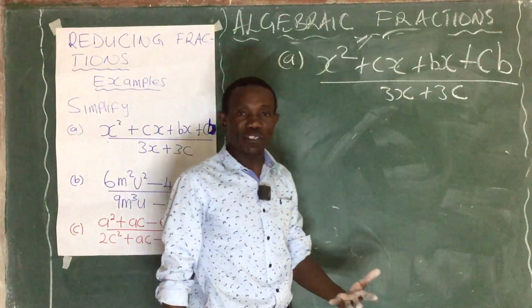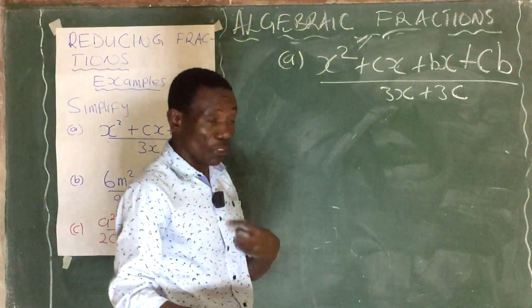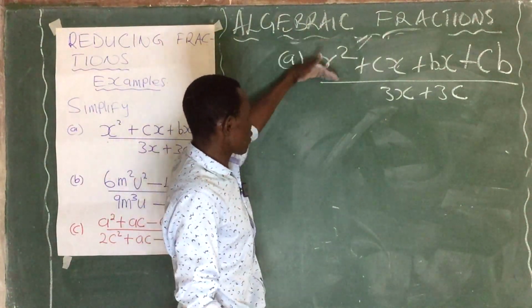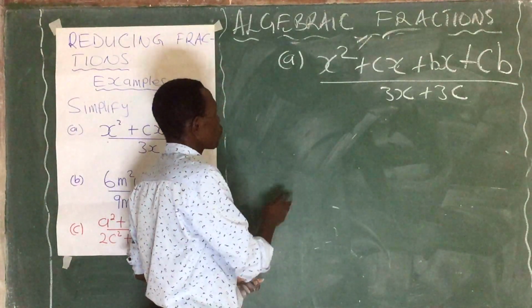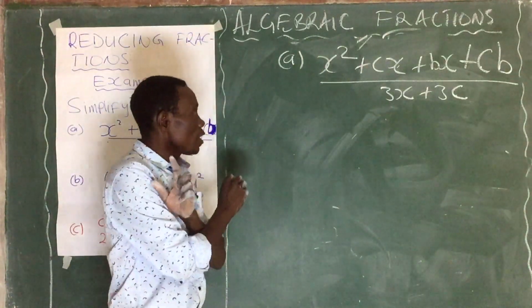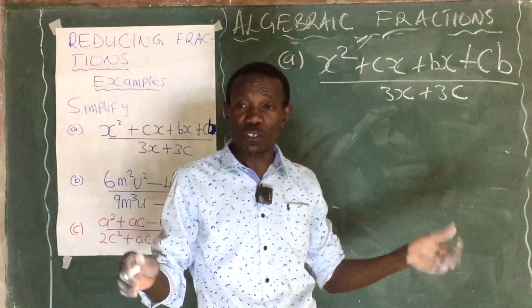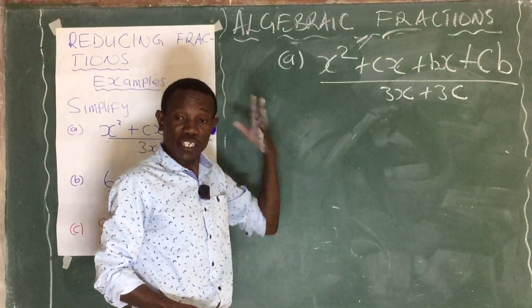By the types of factorization which you have learned, you'll be able to decide which method will suit this expression and that expression down there. So right here, if I factorize the top expression, you may realize that the terms in the top expression are already in what? In 4 terms.